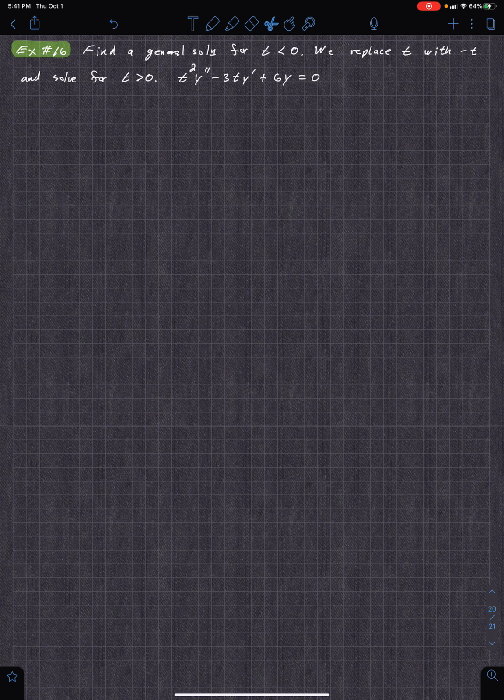So what you do is you replace the t with -t and then solve it assuming t is positive, just like the previous stuff. That's your substitution. So find a general solution to that. We replace t with -t and solve for t greater than 0. So there's your equation. Okay, so let's go and write this out this time.